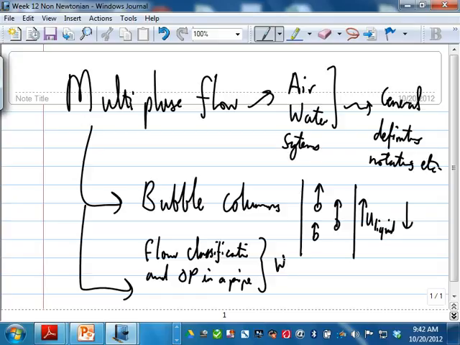Again, normally it's a water, air, liquid-gas system. Although we focus on water and air, with pipes or boiler tubes or condensers and so on, actually the liquid can turn into gas, the vapor, and the vapor can turn into the liquid and so on.